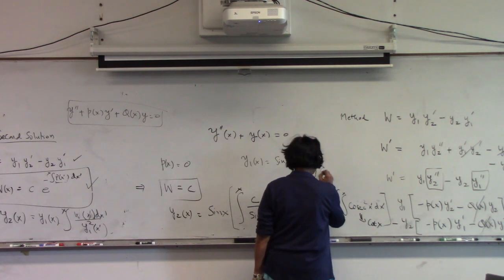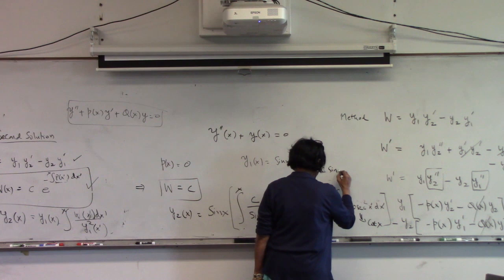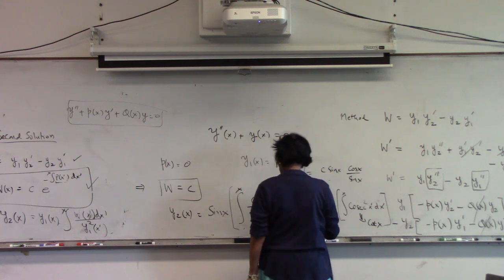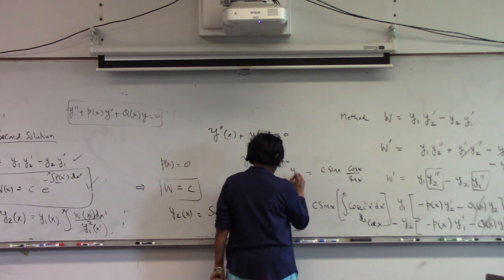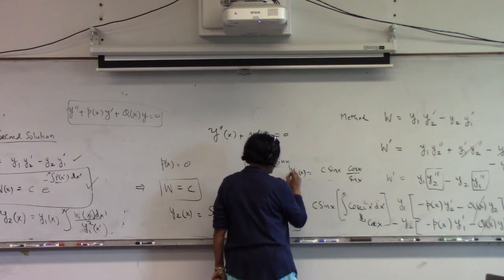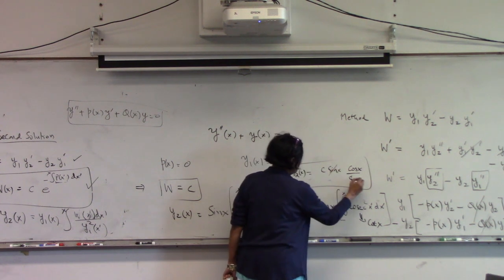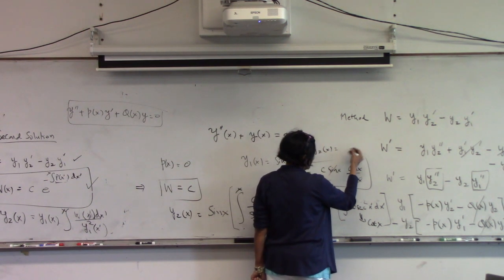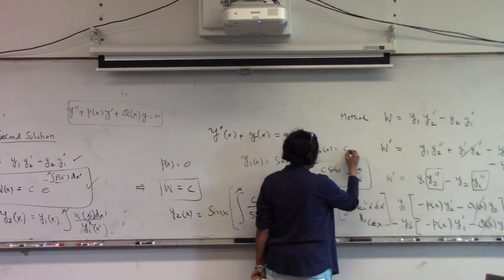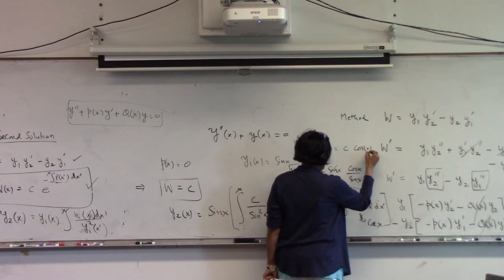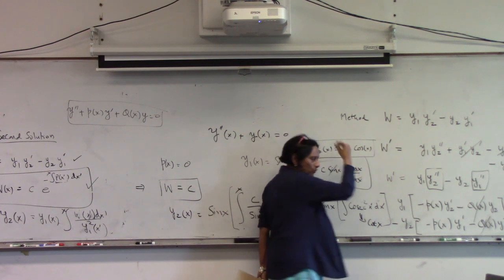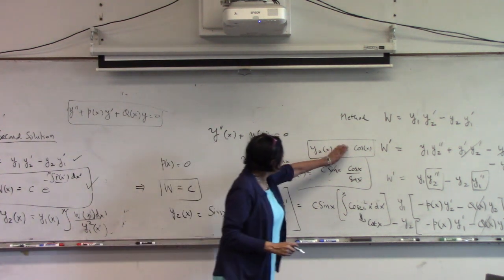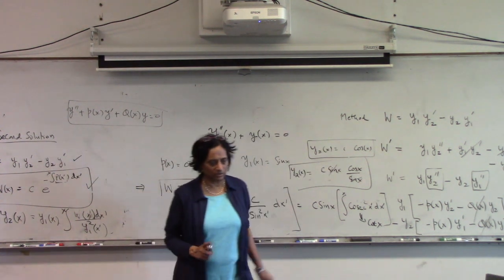So this is nothing but c sine of x times cosine of x over sine of x. So y2 of x is nothing but this. C can be taken as constant, but 1, so you're just closing the loop, right? You can take c as 1, then it is cosine of x.